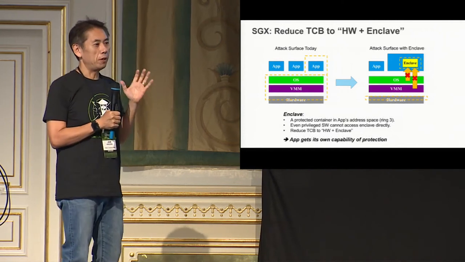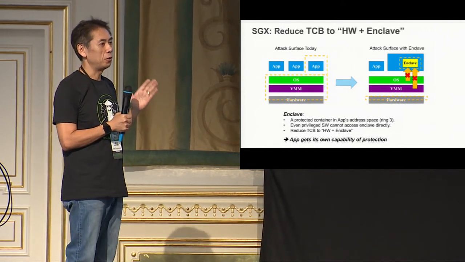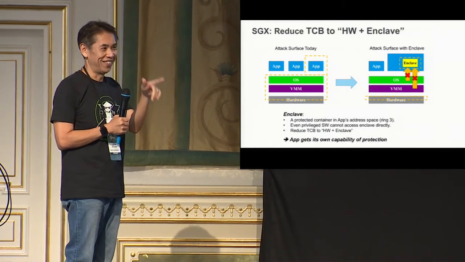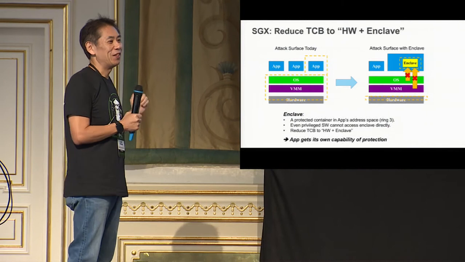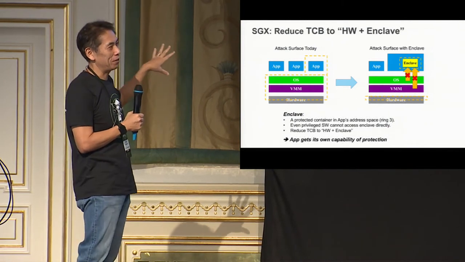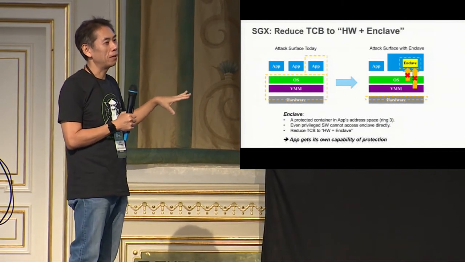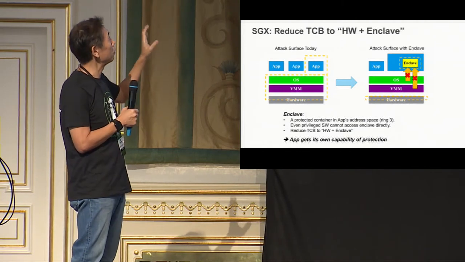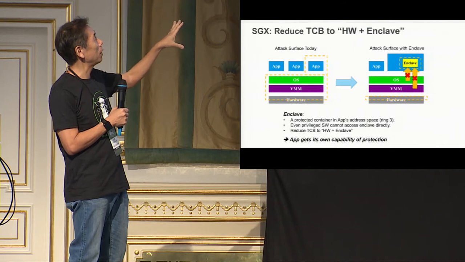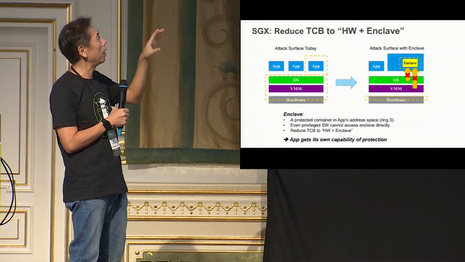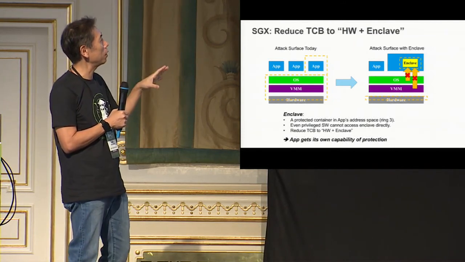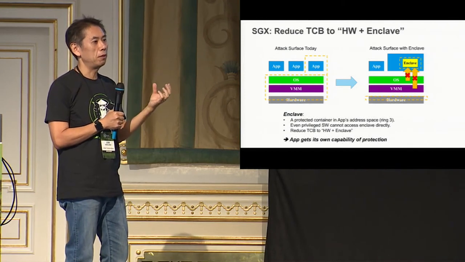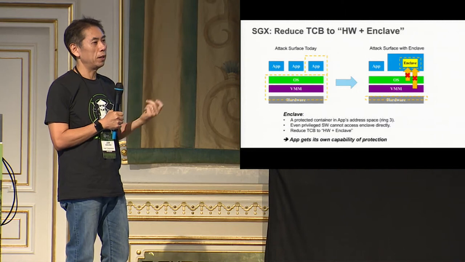So the point of SGX is don't trust basically hardware. I mean, trust the hardware. Don't trust operating system or even VMM, okay? Only trust your enclave. So you trust the hardware and enclave. I'll talk about enclave more, but it's essentially the ring 3 component within your application, okay?